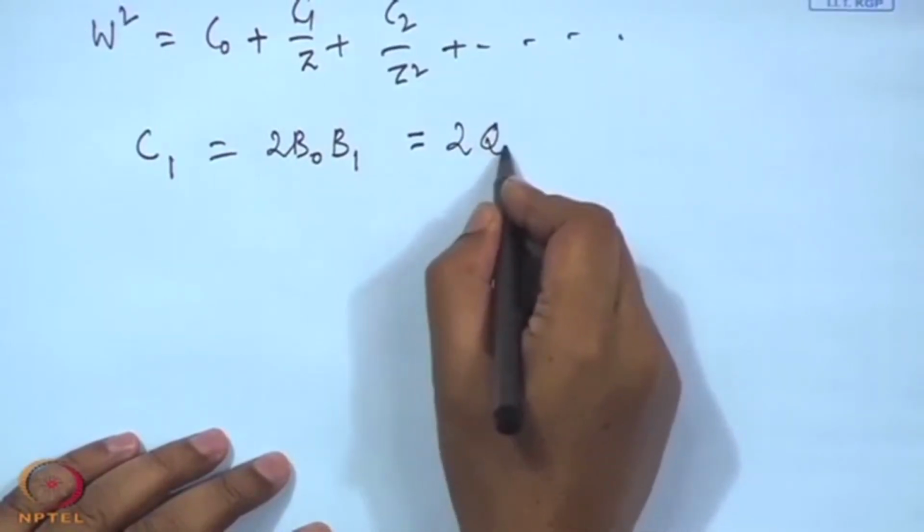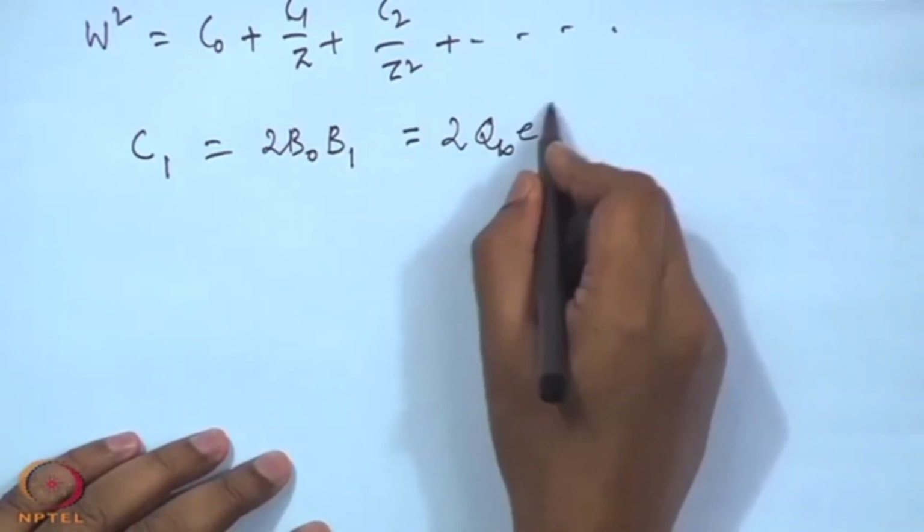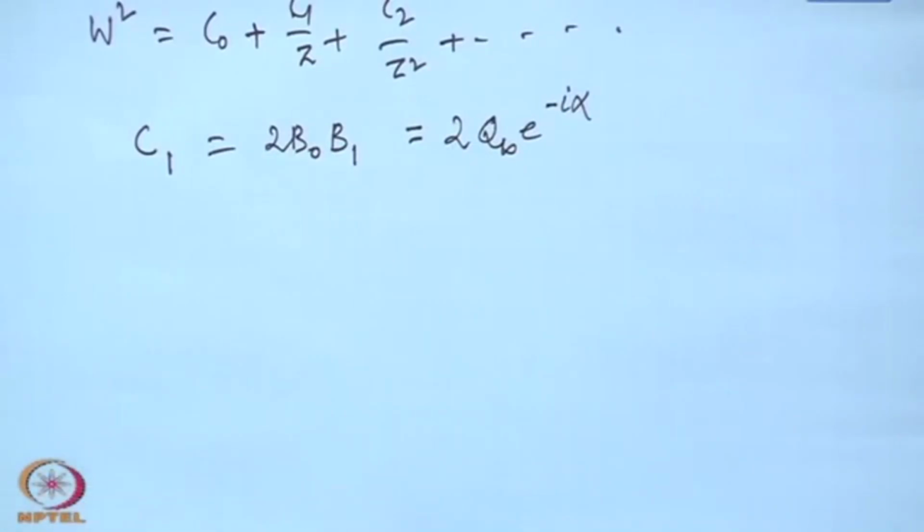It is m by 2 pi, and considering a clockwise vortex it is minus I gamma by 2 pi, so m minus I gamma by 2 pi in general case.